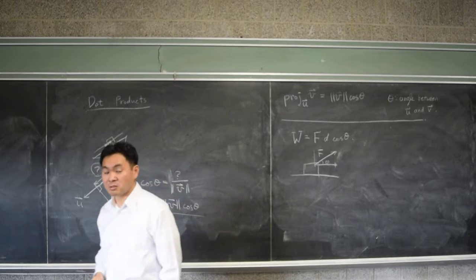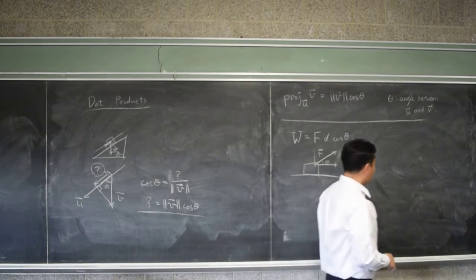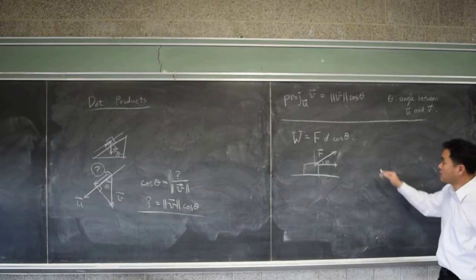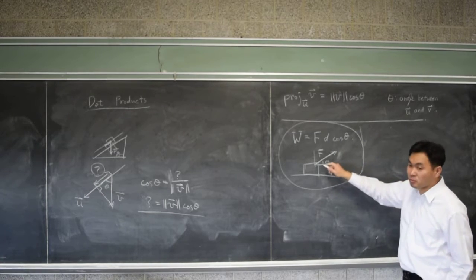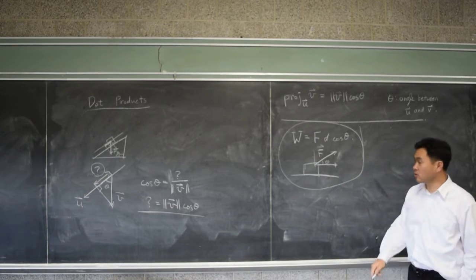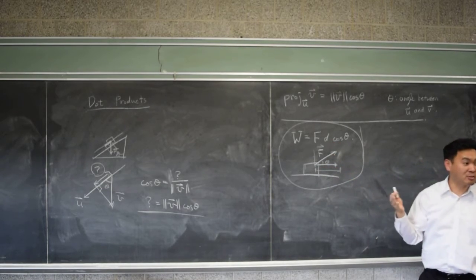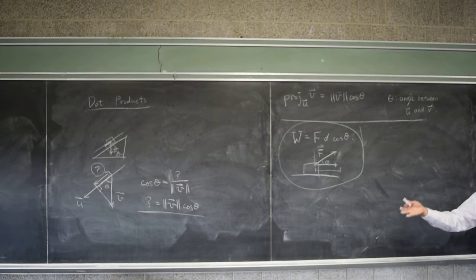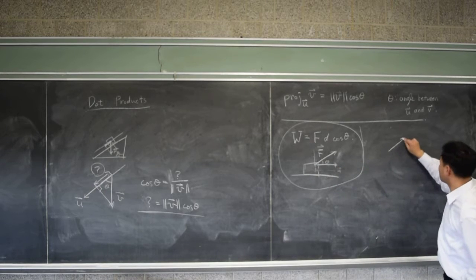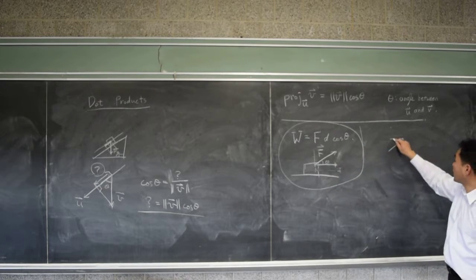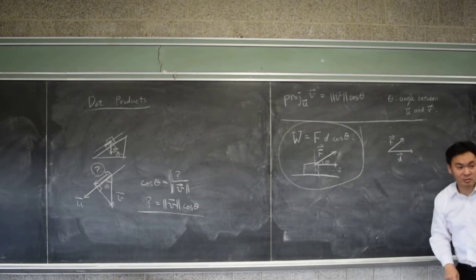Work is force times distance times cosine theta. If you look at this, here's what's happening. You can think of the force as a vector, and you can think of this d as a vector because it's a displacement. Displacement is a vector. Distance is a scalar, but displacement is a vector. So you can talk about circumstances like this: I have the force, and I have the displacement.